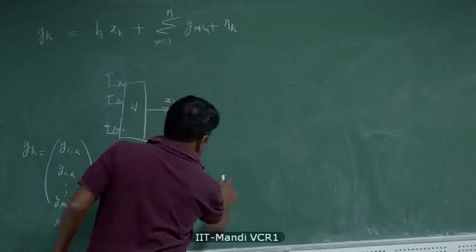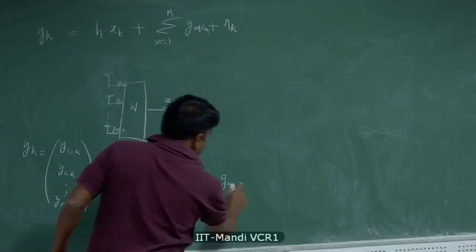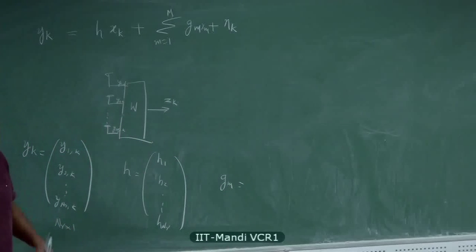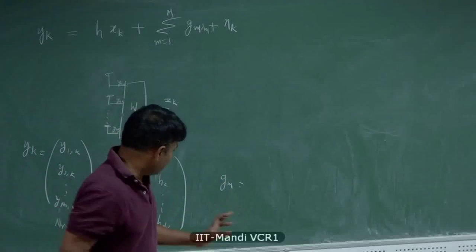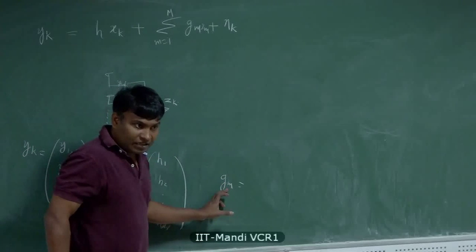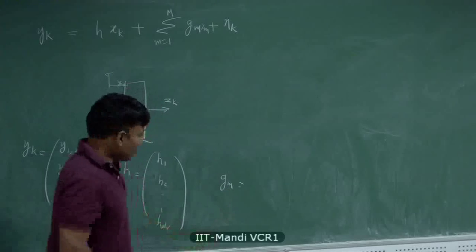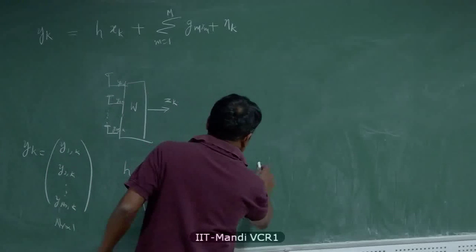And what is GM? This is the mth interferer. It could be coming from the same base station or from an external base station. It doesn't really matter. This is the channel gain associated with the mth interferer.